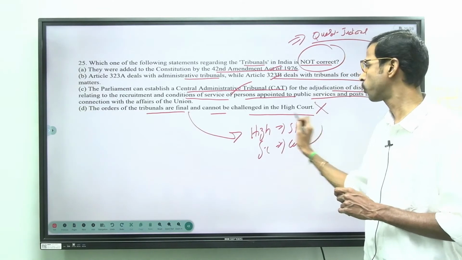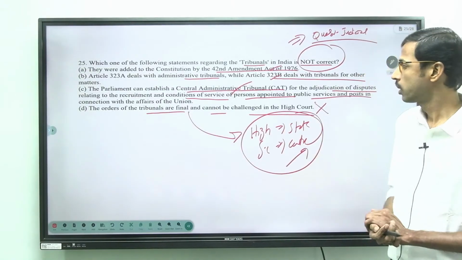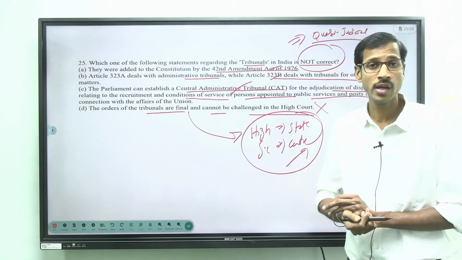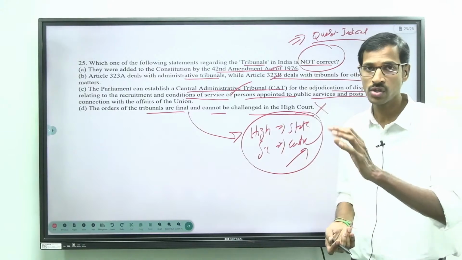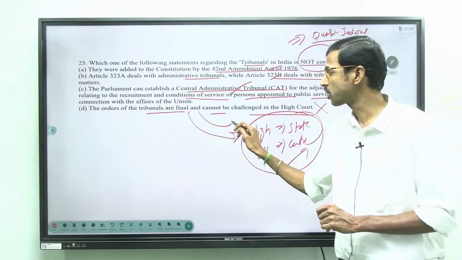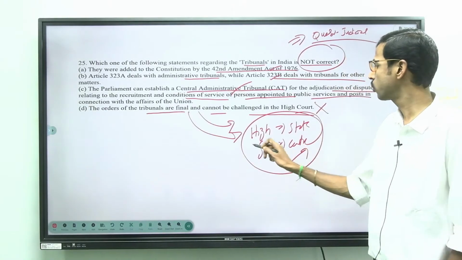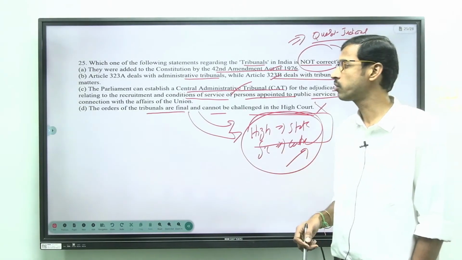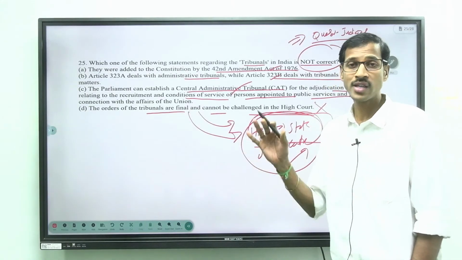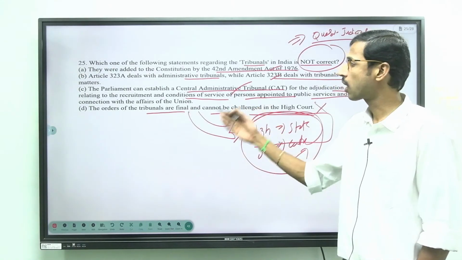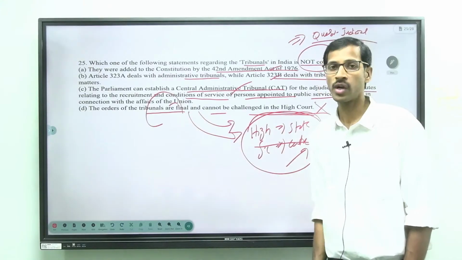That is a very important thing, right? It can be challenged, meaning the final decision will be taken by the High Courts only. High Courts will scrutinize, examine or review the decisions or orders of the tribunals. Those are final, right?